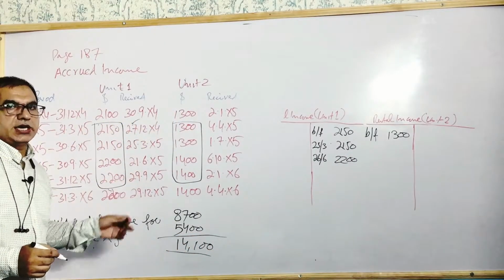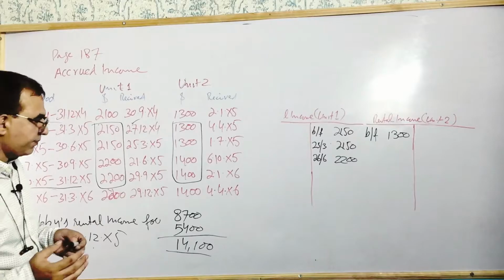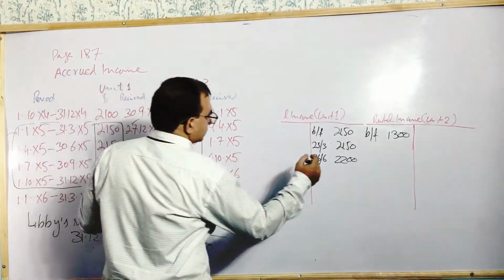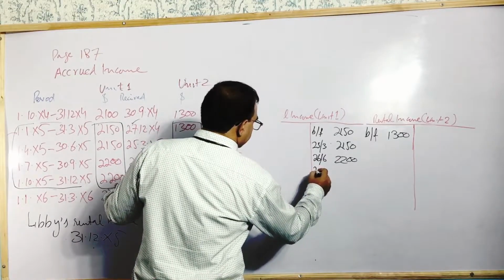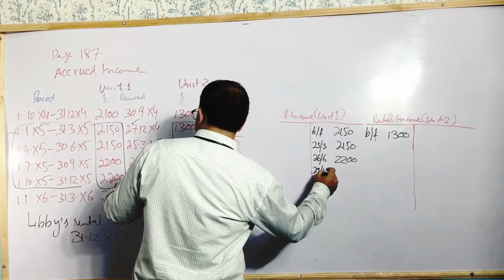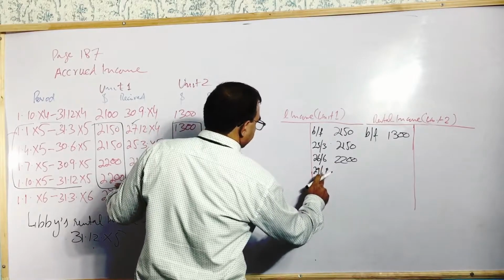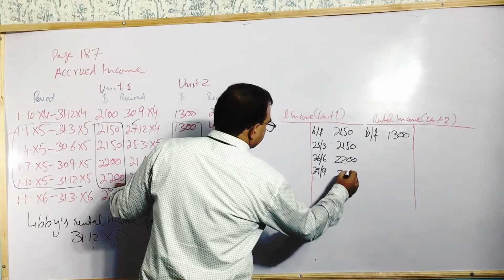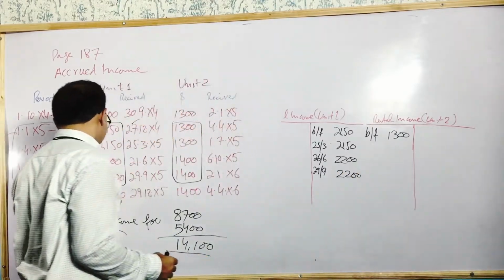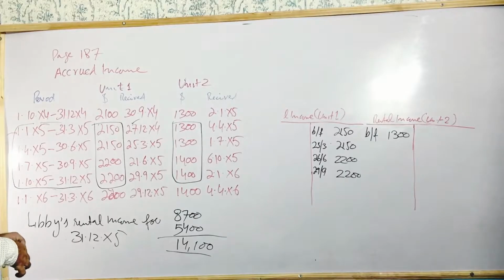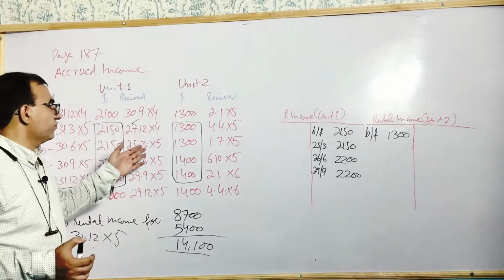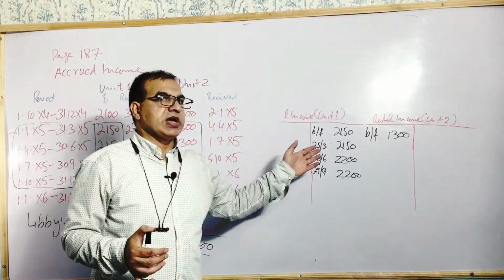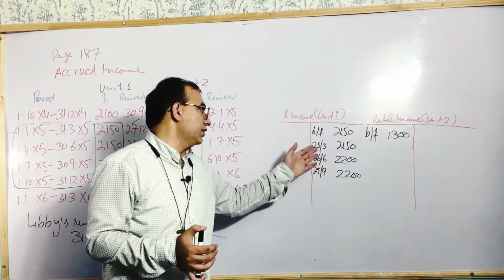Okay, then 29th September you received 2200. Okay, again see, whatever is received in 2015 will come as cash credit in this account.